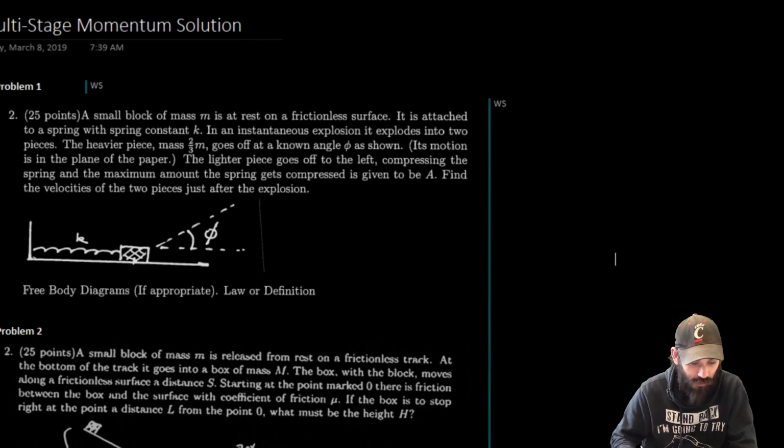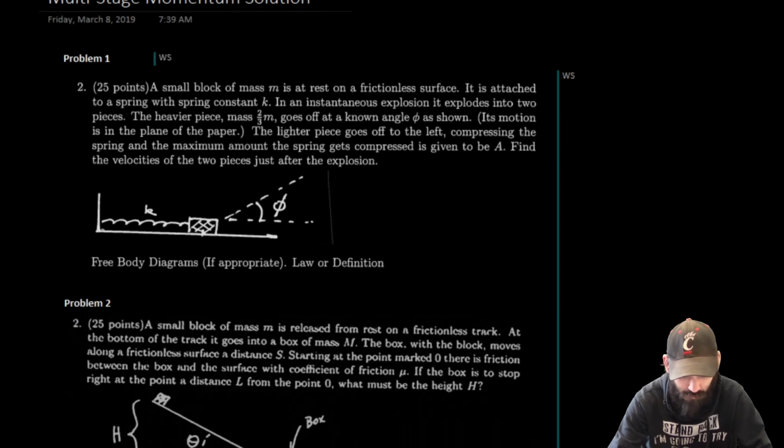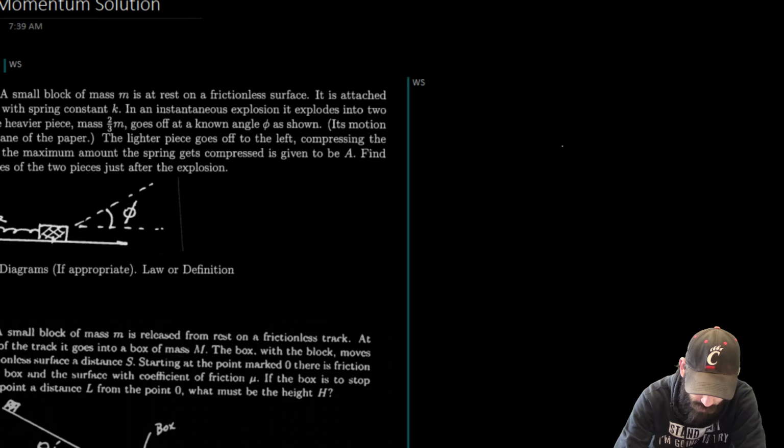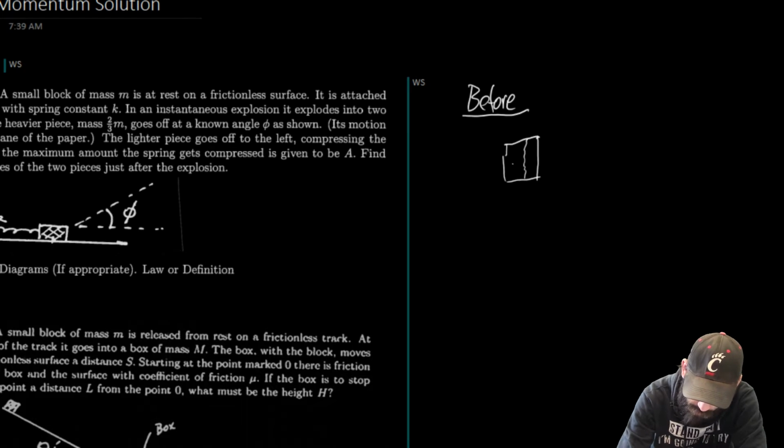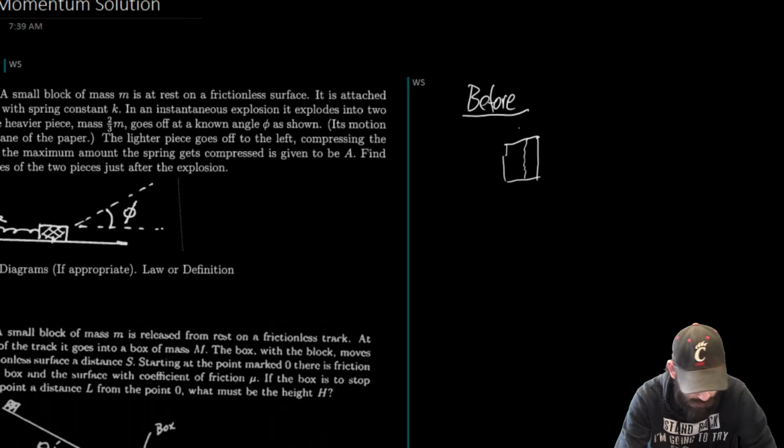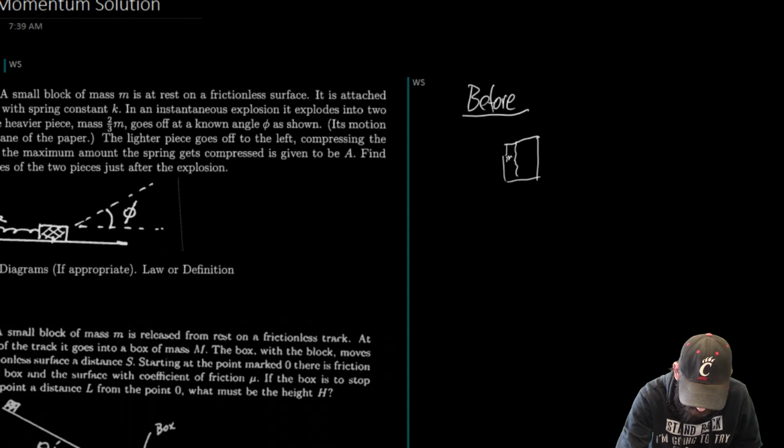Okay, so what we know here is we have this state of the system. So let's draw our before case. Here's our before, and we have this block that is ultimately going to be broken into two pieces. The bigger piece is the one that flies off at the angle. So this is going to be m/3, and this is going to be 2/3 m.